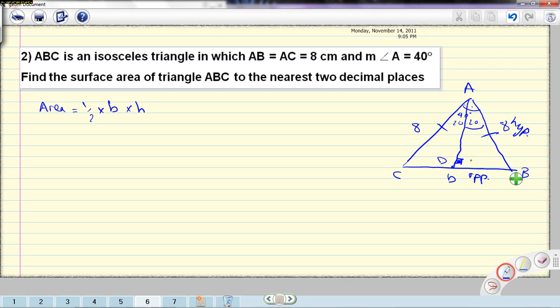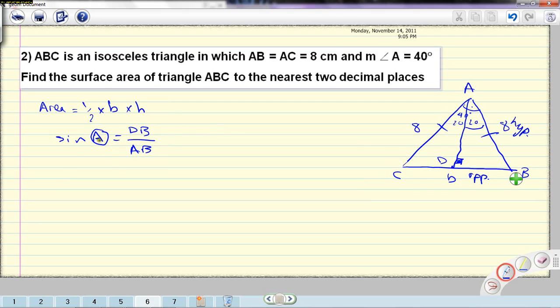So let's get BD, or use a rule. We know that sine A equals DB over AB.